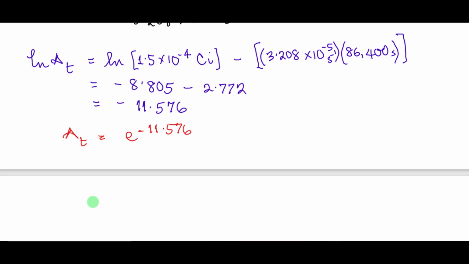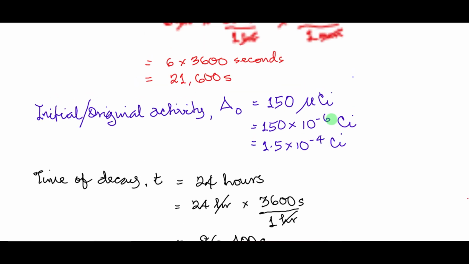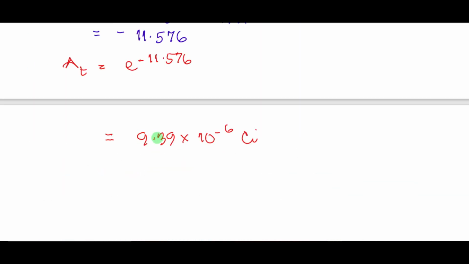Evaluate this, that will give us 9.39 times 10 raised to the power minus 6 curies, which is less than the original activity of the radioisotope. The original activity was 1.5 times 10 raised to the power minus 4 curies, and after that we had 9.39 times 10 raised to the power minus 6 curies, which means we are correct.